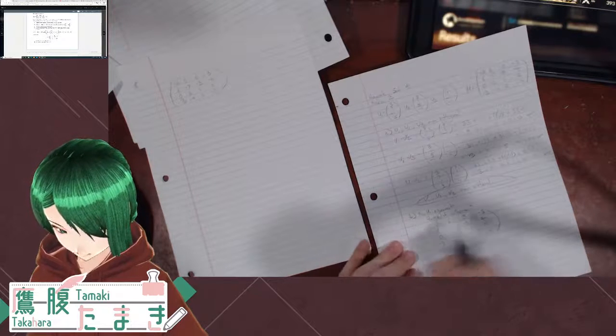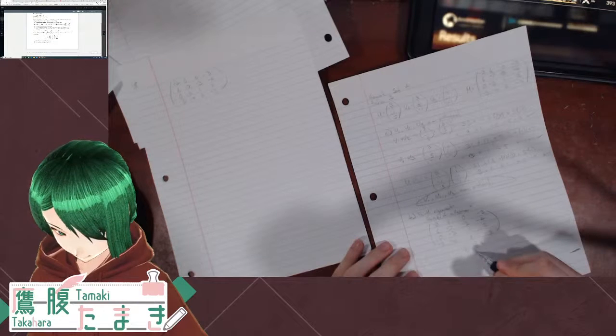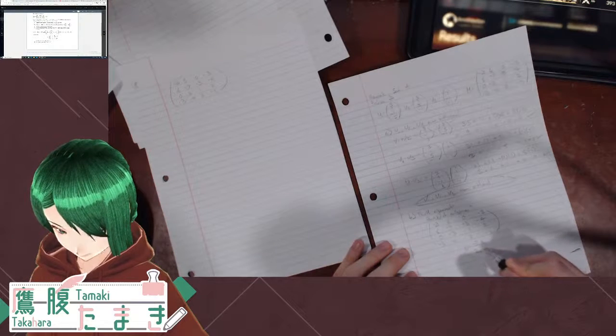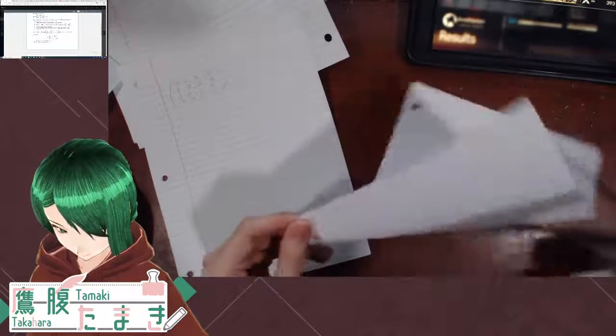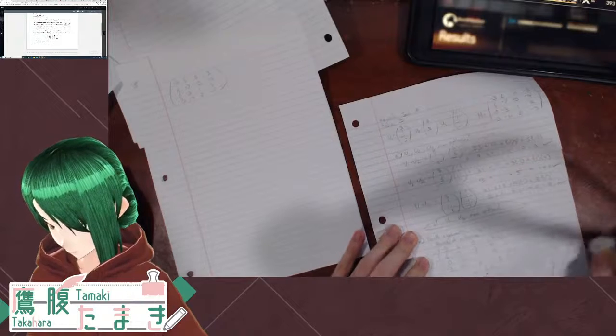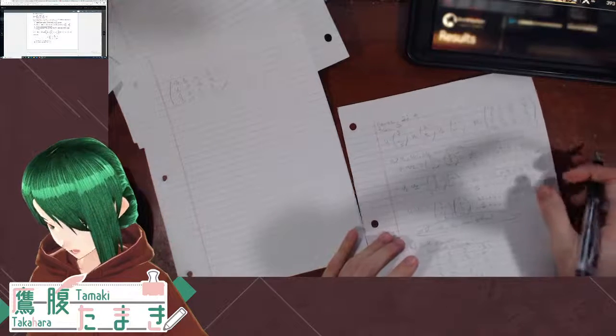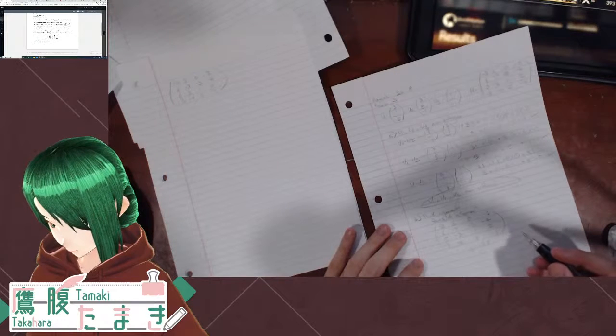Well, actually, we could have done more steps there. Probably could switch row 2 and row 3. Actually, move around a bunch of rows, actually. Yeah, sure. I don't know, actually.